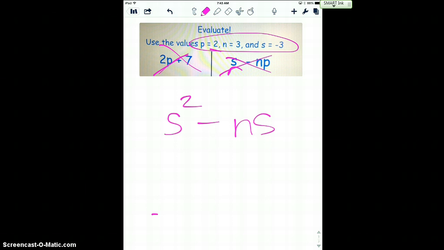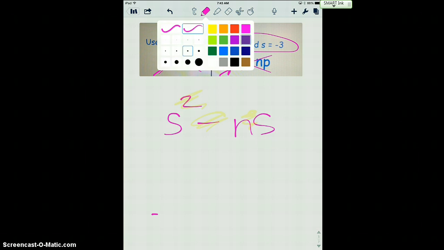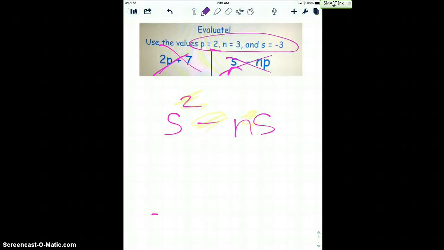I'm going to look for what operations I have going on. I have multiplication again, I have subtraction, and I have an exponent. So when I evaluate this, I'm going to plug in those variables, and in this case, I don't need what p is worth because I don't have that variable in there. And now I'm going to plug in. And I am going to make a mistake here, and you see if you can figure it out.